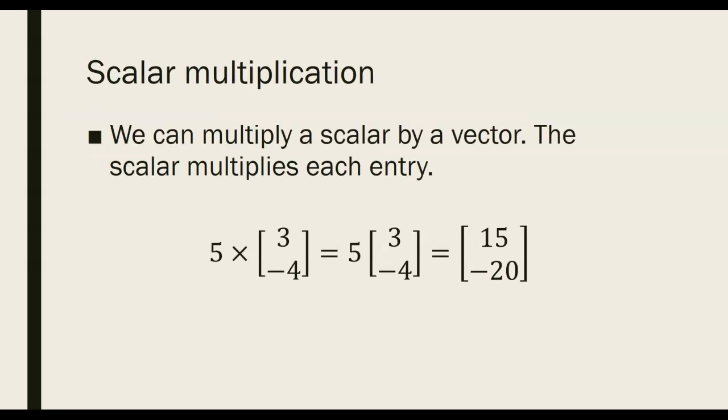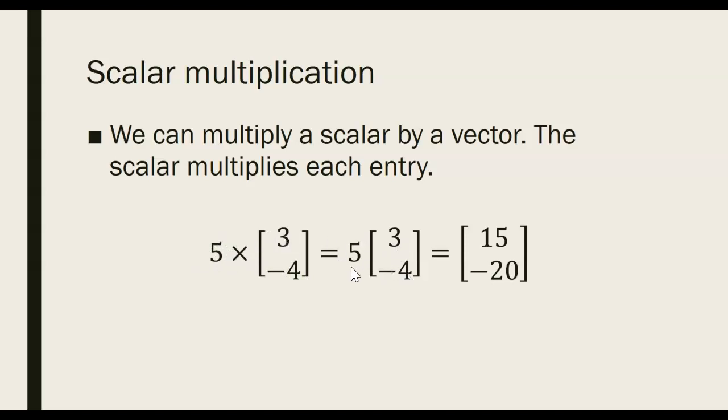The other operation that we can deal with when we have vectors is called scalar multiplication. So we can add two vectors together and we can do what's called scalar multiplication. Scalar multiplication just means I'm going to take a real number and multiply it times a vector.